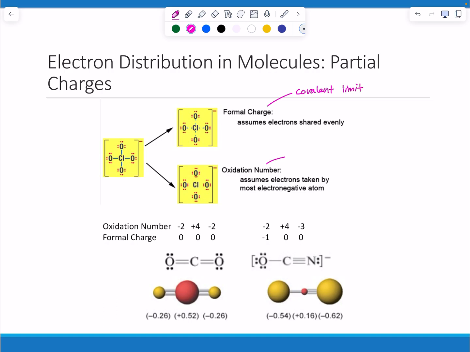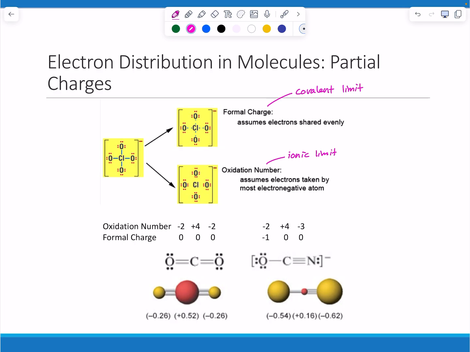Oxidation number is what we use when we're dealing with metals more, and ionic compounds. So we would call this the ionic limit. It assumes that the electrons are taken by the more electronegative atom. So oxidation numbers will get the sign right, but the numbers are too big.